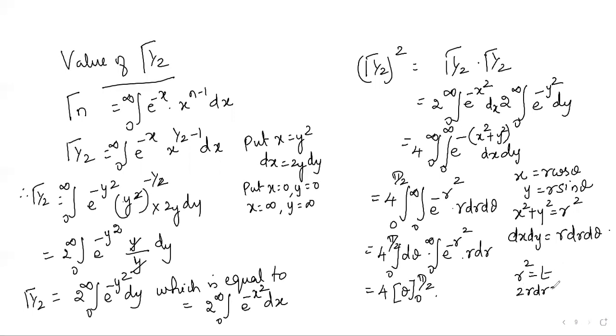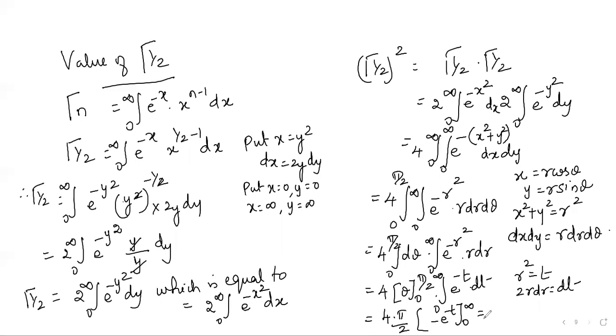So 2r dr is equal to dt, so r dr can be taken as dt by 2. Now the limits will be the same: taking r is equal to 0, t will become 0; r is equal to infinity, then t will also be equal to infinity. So 0 to infinity e power minus t into dt. So this is 4 into pi by 2, then minus e power minus t, integral 0 to infinity.